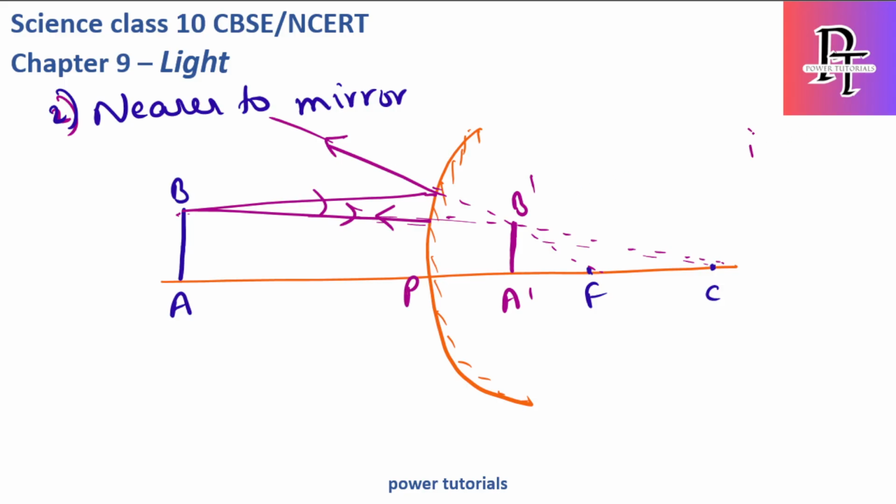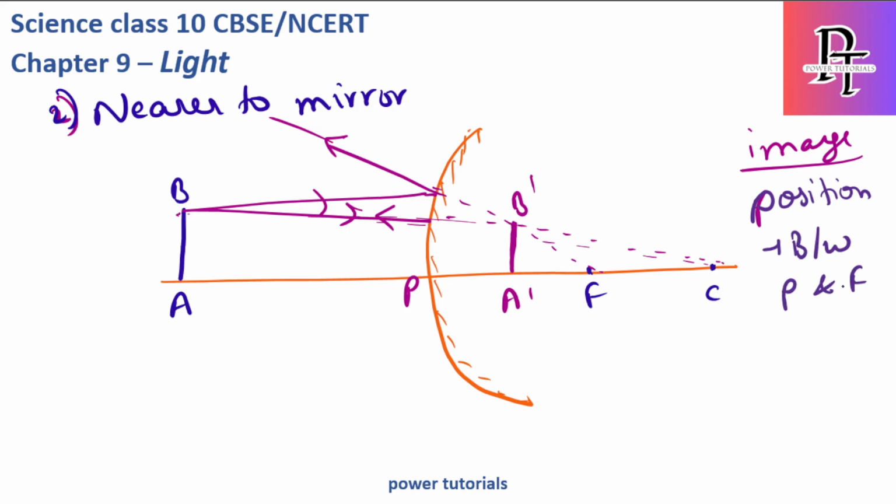Okay, now let's think about the image properties. First point, position. Let's use another color. Position of the image: it is between P and F, and it is behind the mirror. What about size? Small.